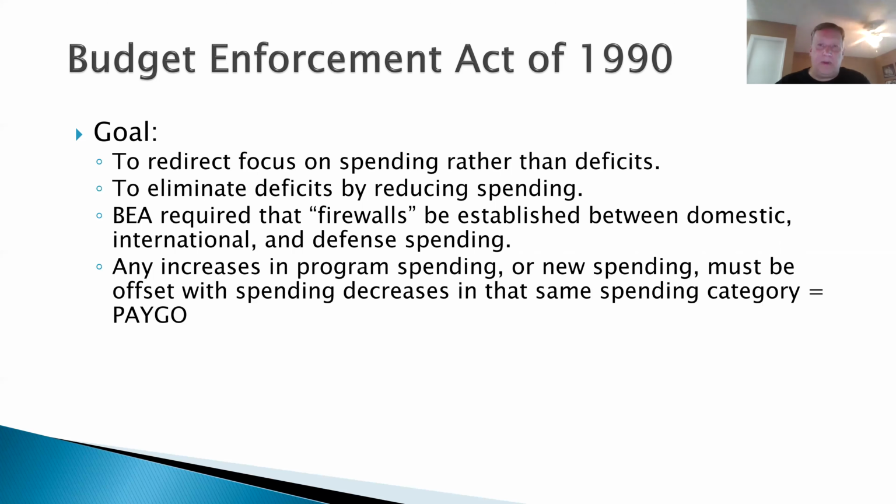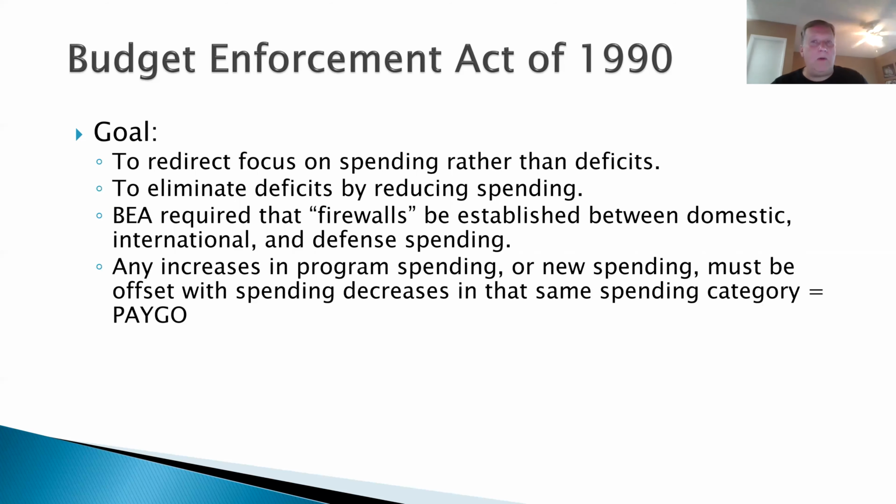Well, they decided we needed some fiscal discipline in how we spent money at the federal level. So Congress set up 3 different categories of spending: domestic spending, international spending, and defense spending. 3 separate categories. And then they put what we call firewalls between each category. And the firewall meant that you can't cross over from one category to another.